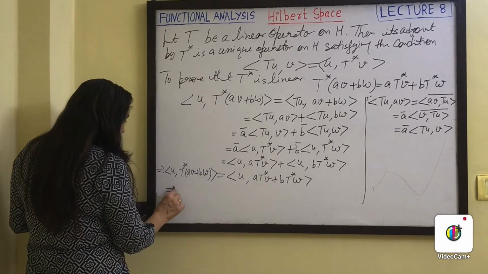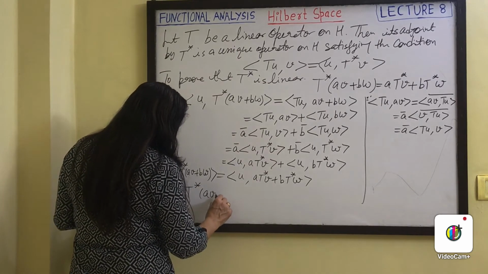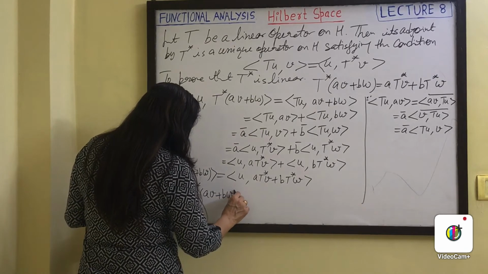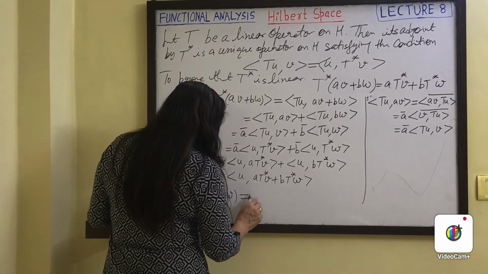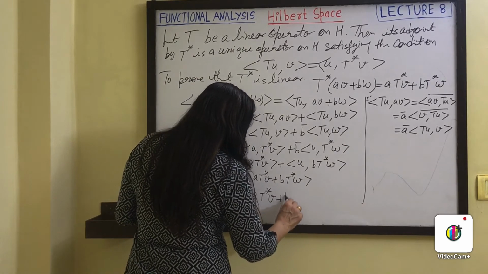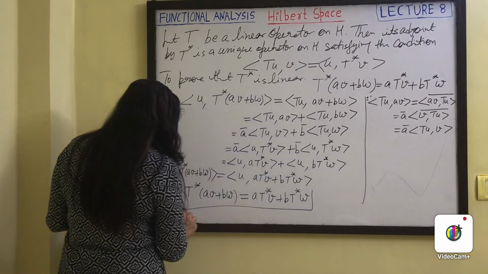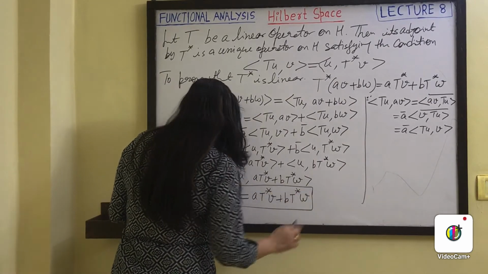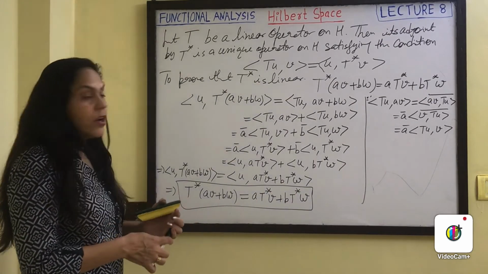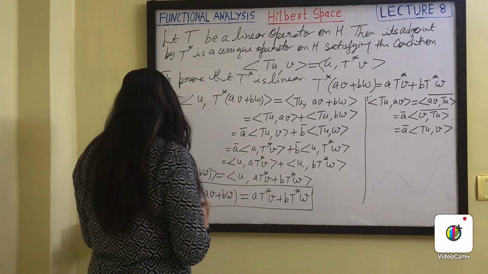So from here we can say T* of a v plus b w is equal to a T*v plus b T*w. So we know that T* is a linear operator.